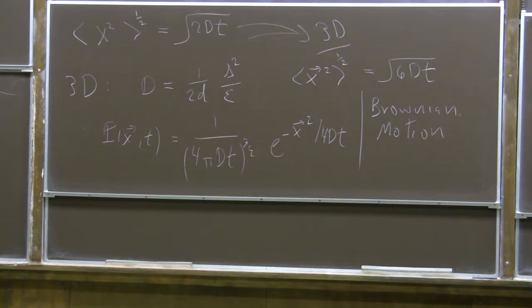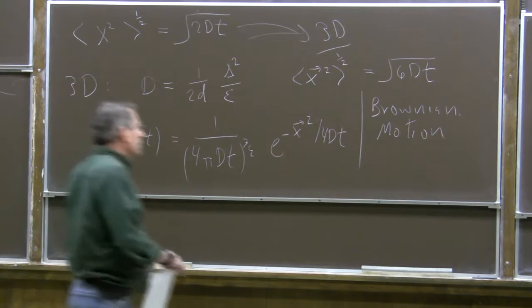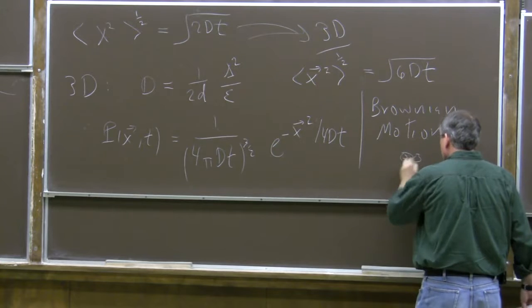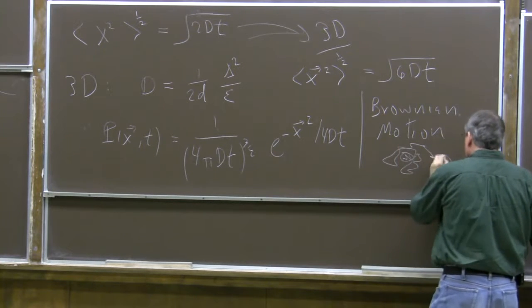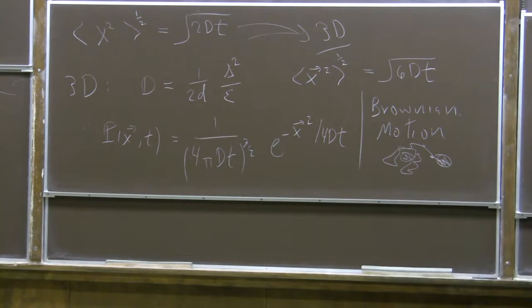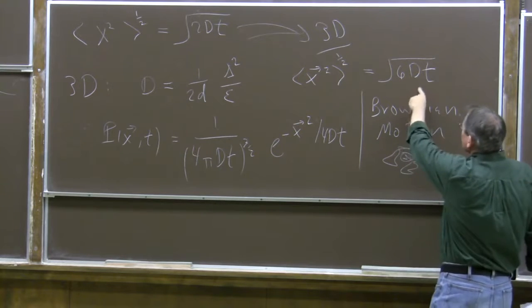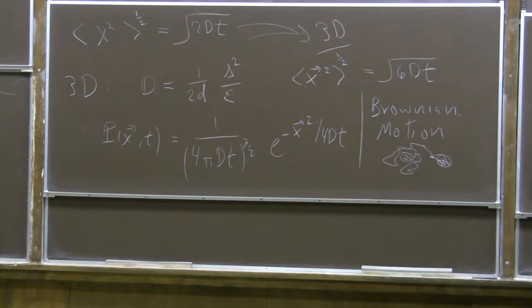The pollen grain is about a micron in size, and he noticed that it dances around and makes kind of a crazy walk. And if you wait a minute or so, it'll typically move about 6 microns, about 6 times its radius. And I think, I'm not sure whether Brown observed, but others had, or Einstein, that the distance traveled goes like the square root of the time.